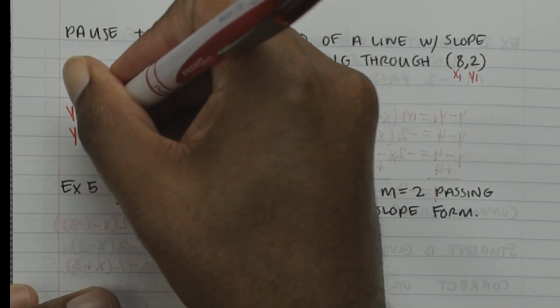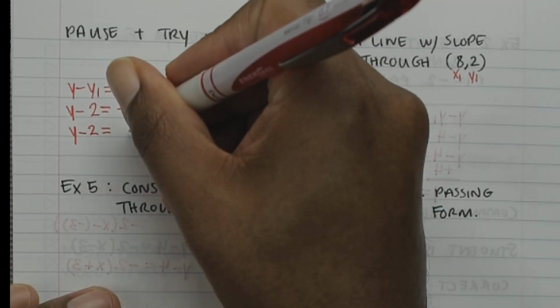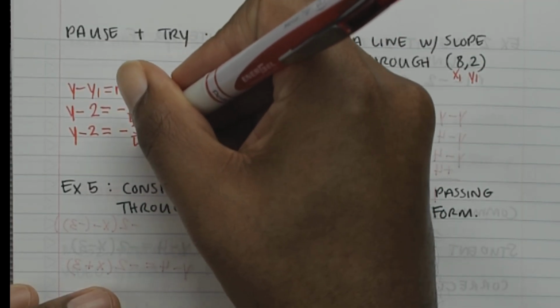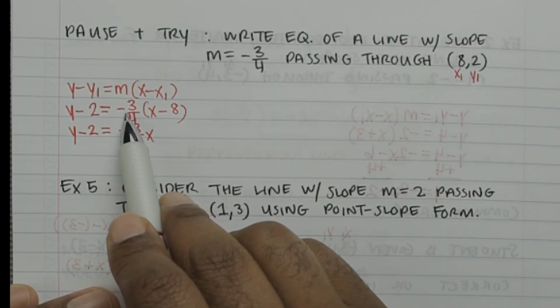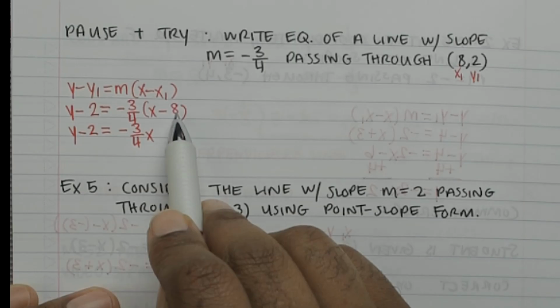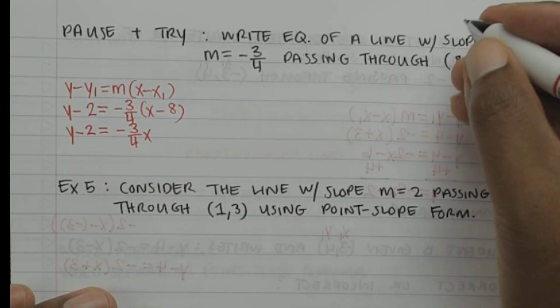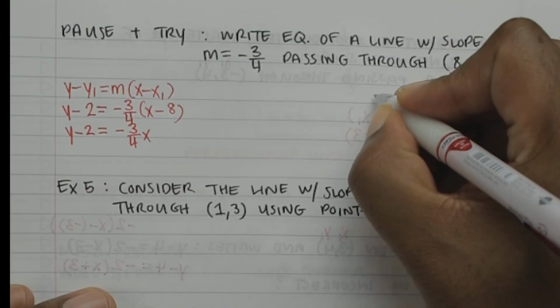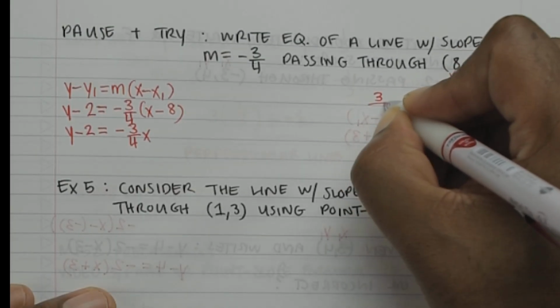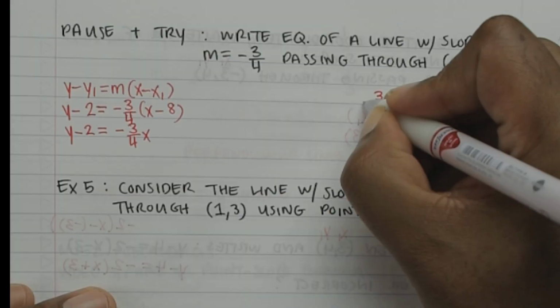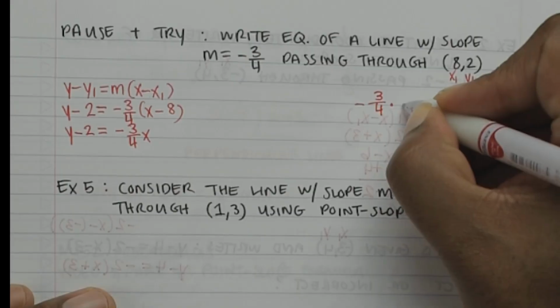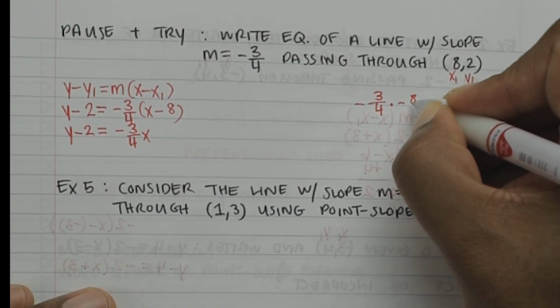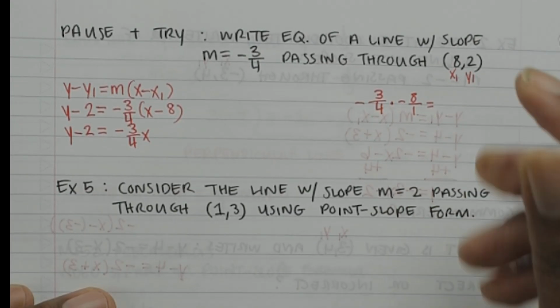Simplifying this, we have y minus 2 equals -3/4 x. Now, when you're multiplying fractions, depending upon your level of skill, come over here and do -3/4 times -8/1.